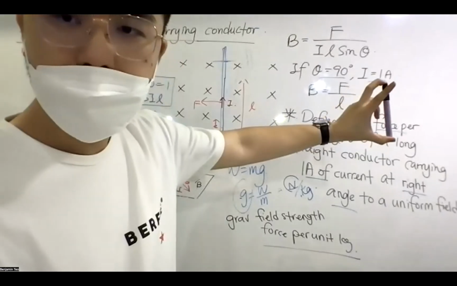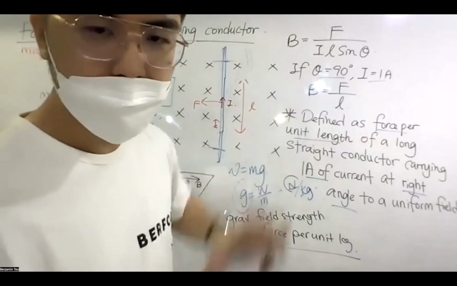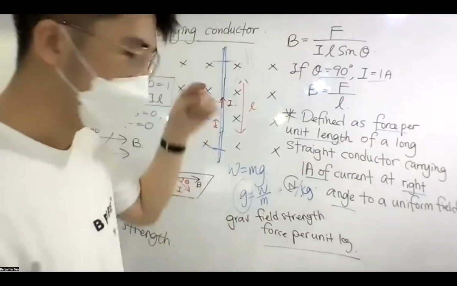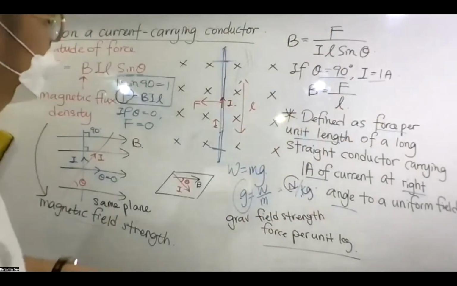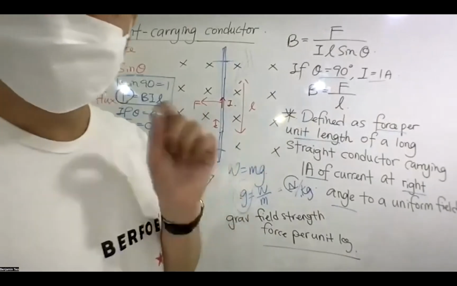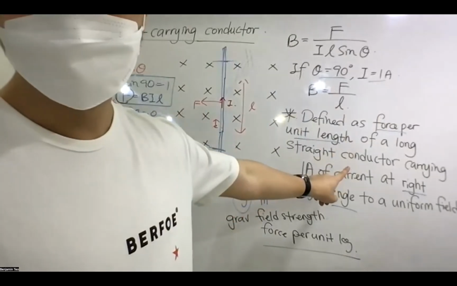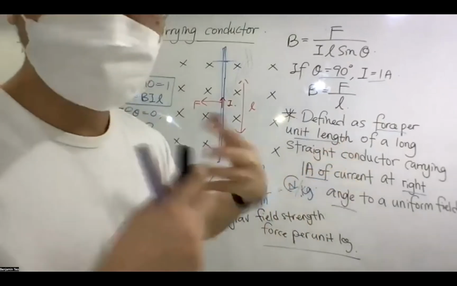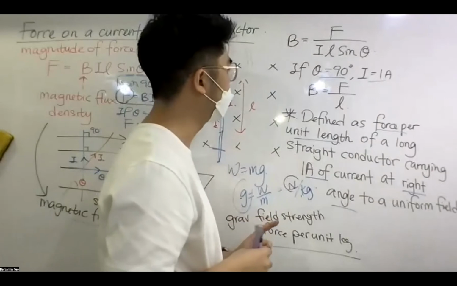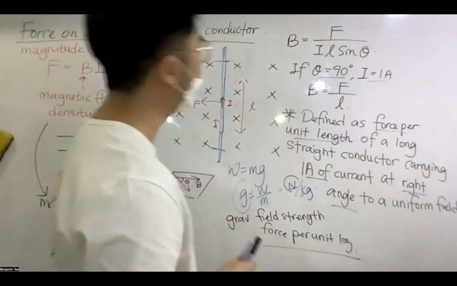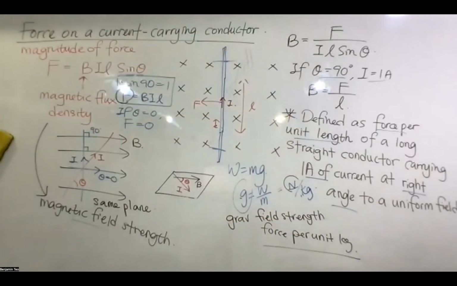It experiences very little force. Then I will conclude this field is stronger than the field in the other room. I'm using this definition to deduce that. So that is the definition of the magnetic flux density.